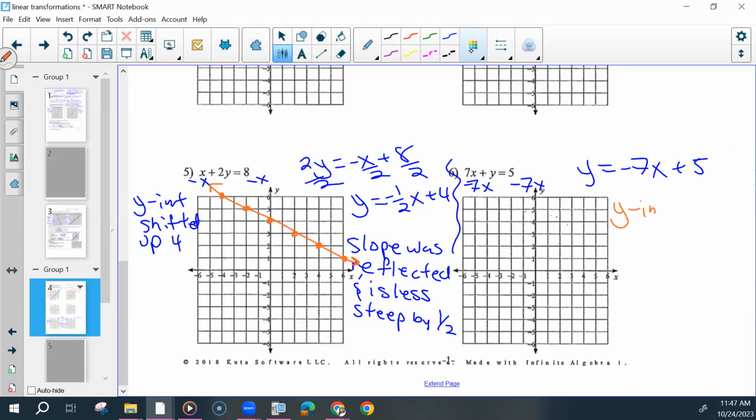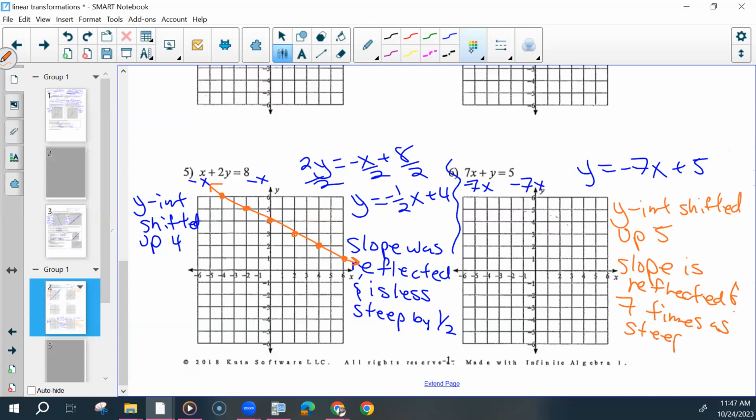What else? Slope is reflected. And it is steeper by 7.